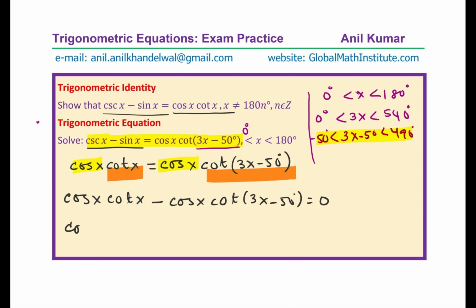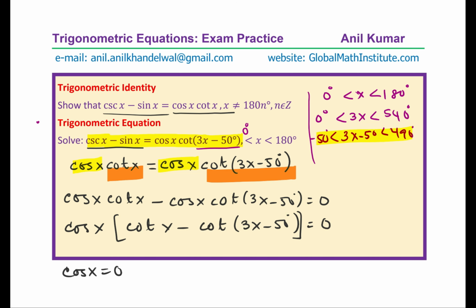So taking cos x common, we have cos x times cotangent x minus cot of 3x minus 50 degrees, correct, equals 0. Now that gives us cos x equals 0, which means x is equal to 90 degrees within the given domain of 0 to 180 degrees, right?